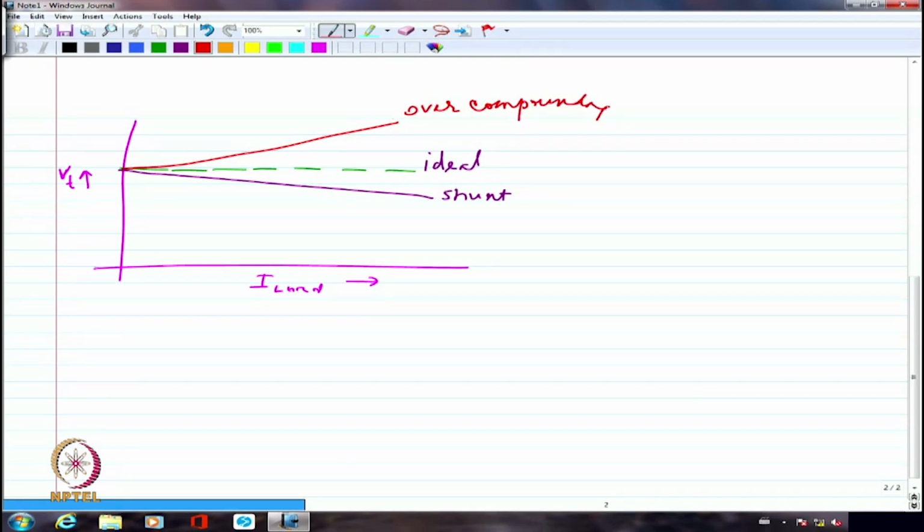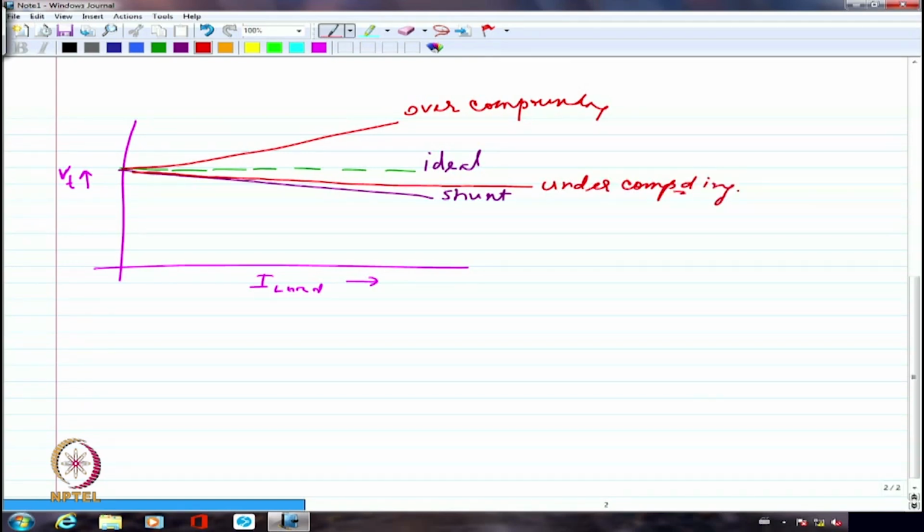Whereas I may have somewhere in between the shunt configuration and the actual ideal configuration or level compounded configuration, we will call this under compounding.